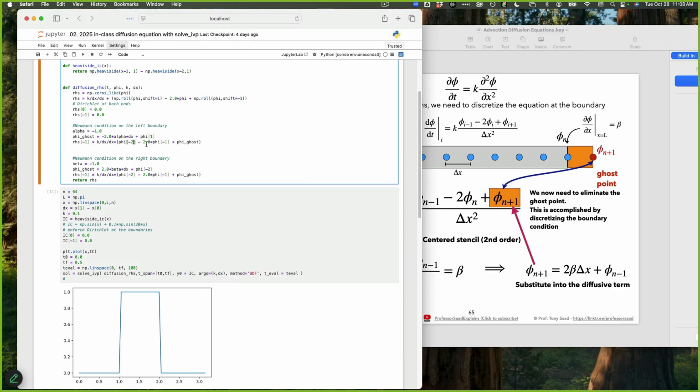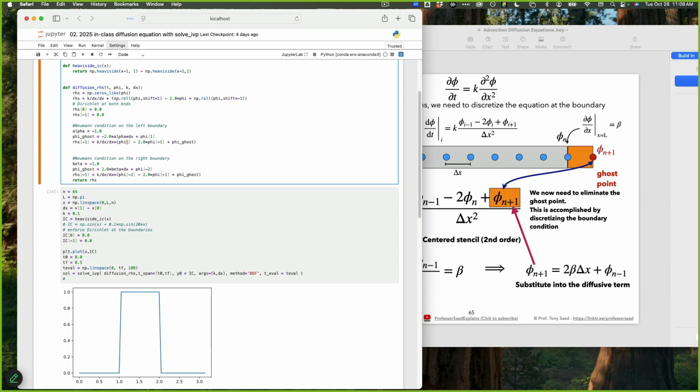Now we have to fix this a little bit on the left boundary. Okay, so on the left boundary, I'm going to do phi i plus 1. So that's phi 1 minus 2 phi 0 plus phi minus 1, right?